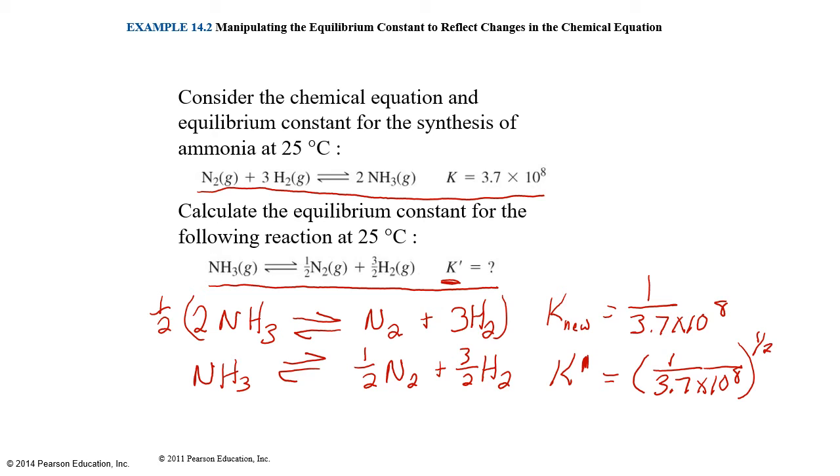Okay. So our new equilibrium constant is going to be 5.2 times 10 to the -5th. And again, because the units get very complicated, we're writing our equilibrium constants with no units.